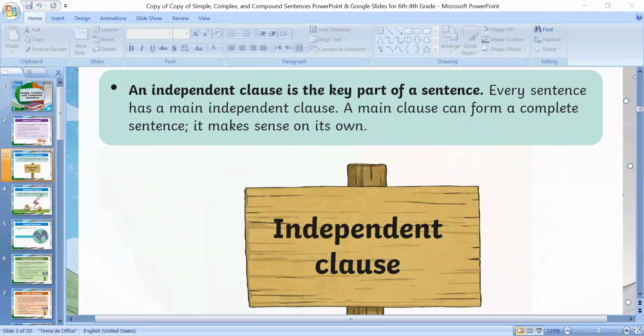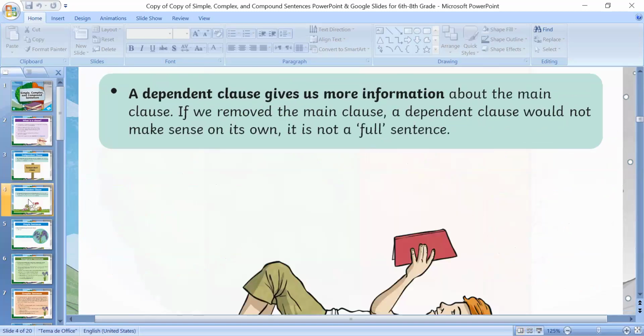What if the sentence doesn't give a complete meaning? We name it a dependent clause. What do we name it? Dependent clause. Mariam, read. A dependent clause gives us more information about the main clause.